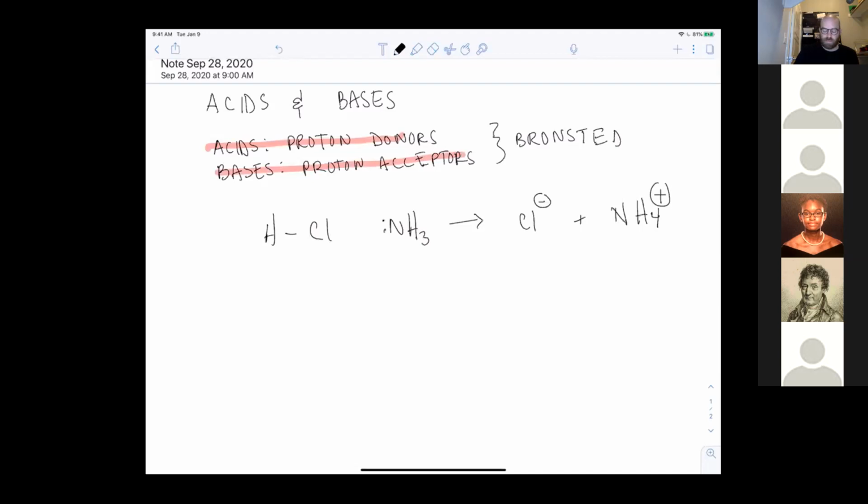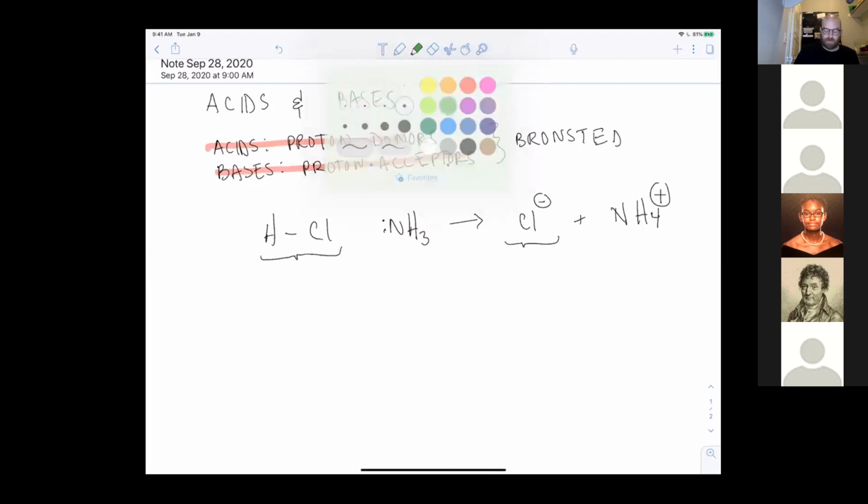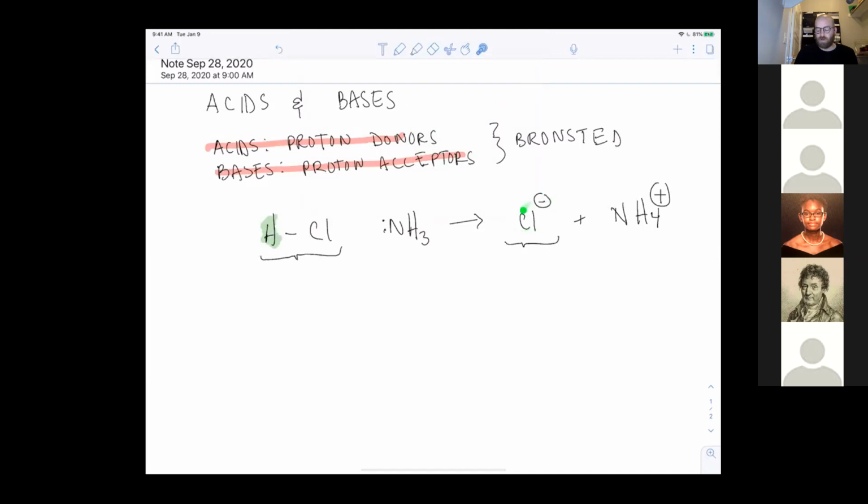All you really need to do is, you've only got two species here, so you just pick a species and say, okay, let's see what happens between here and here. If I look at this, it's got this proton that's bonded to it. But when we come to the other side, we know that that's gone. It's essentially donated. It's a proton donor. It's donated its proton. And where has it donated its proton to?